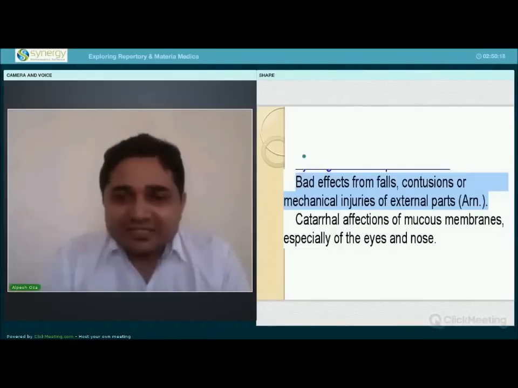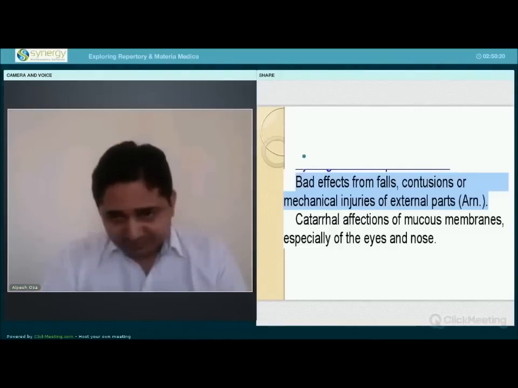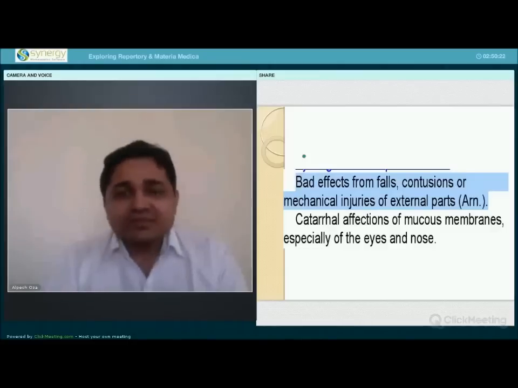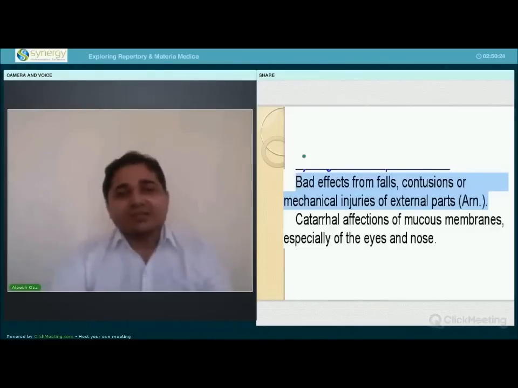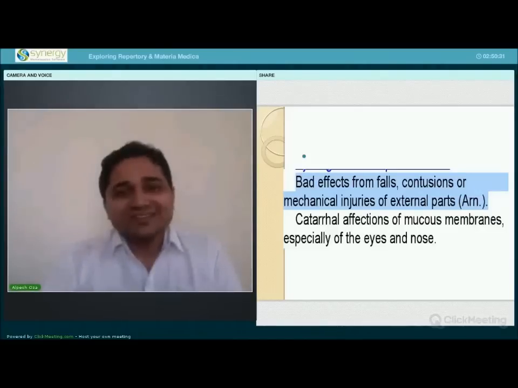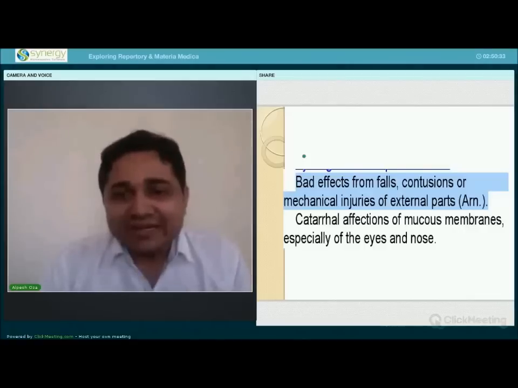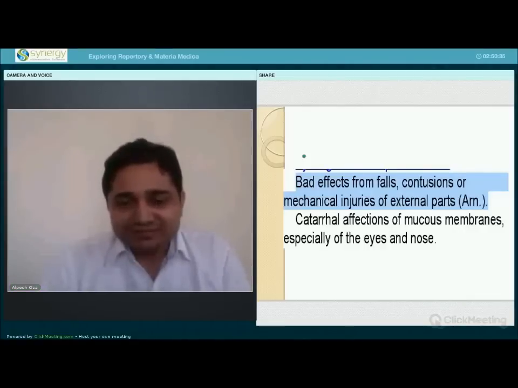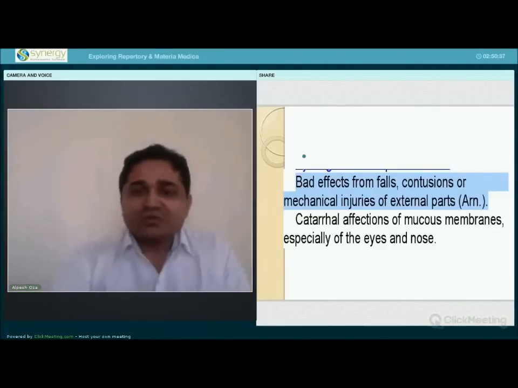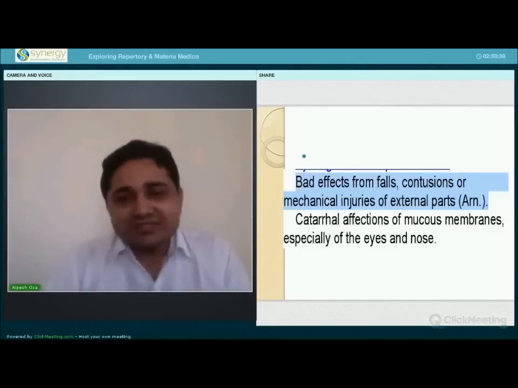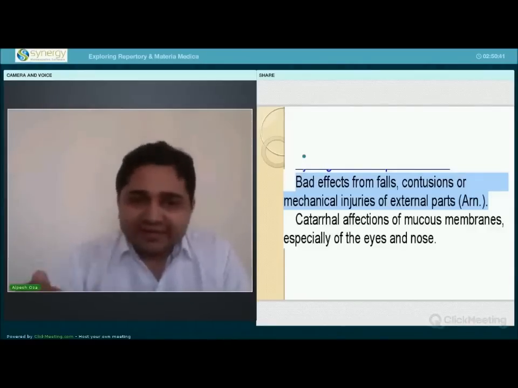This is the first line of the remedy, the very important symptom of that remedy, but generally we fail to apply it in patients, because we know one remedy for only one complaint, but that is not the way. We have to read the remedy and correlate it with the pathophysiology, as I already told you.